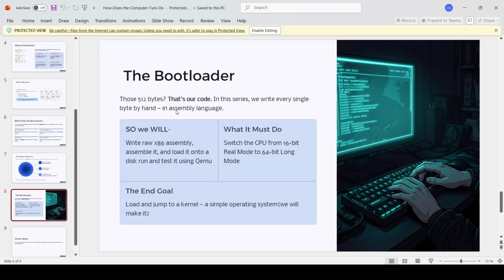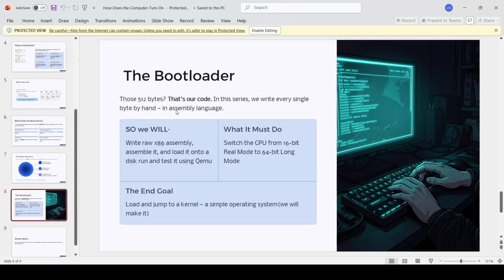First, we will load the bootloader, and then we will also make a small kernel that basically prints something on the screen. It is not that difficult, because a kernel is also a program, so it's not difficult to make a program, name it kernel, and simulate how an operating system works.